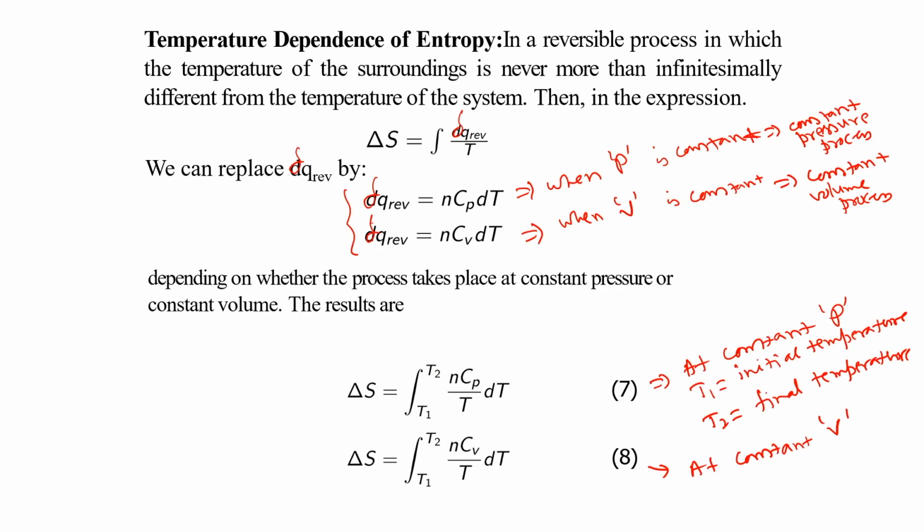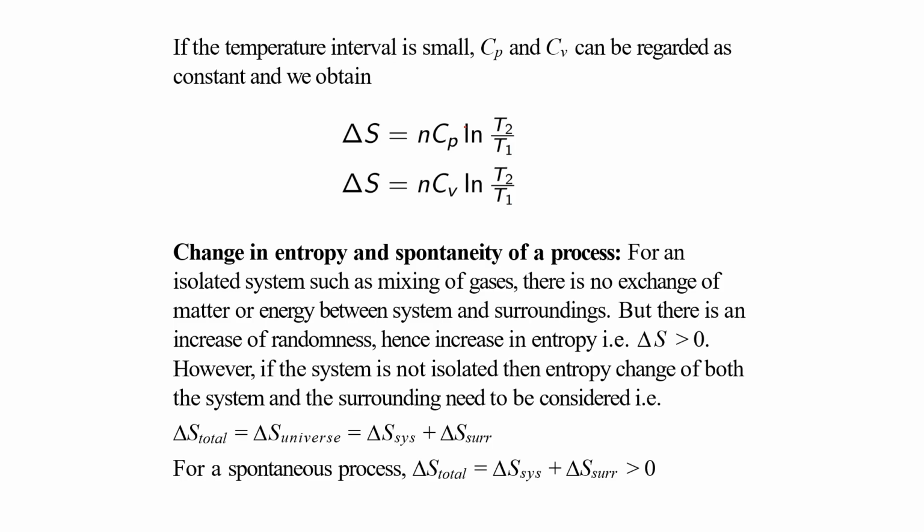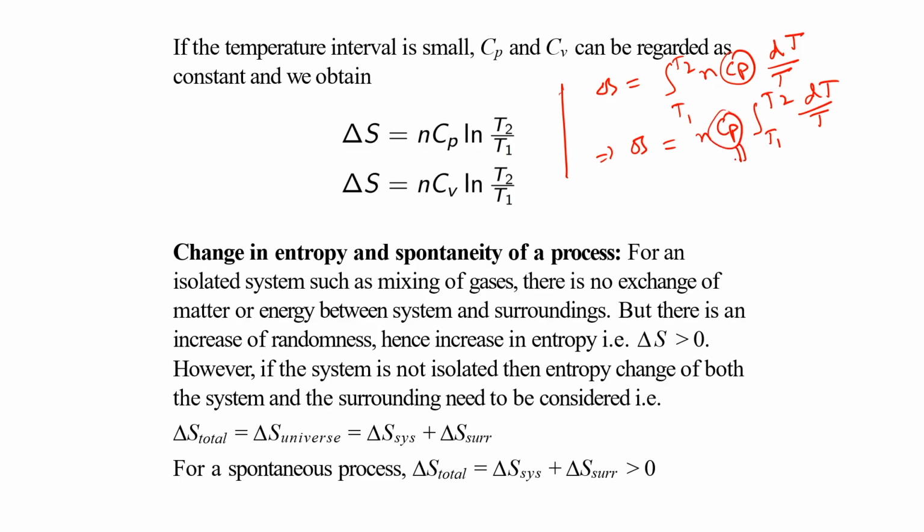We had delta S is the integral from T1 to T2 of Cp dT by T. So, we get delta S is N, and now Cp we can take out of the integration sign if Cp is constant or independent of temperature.